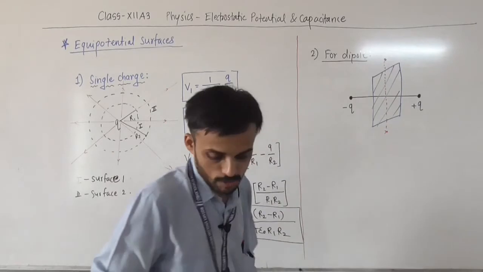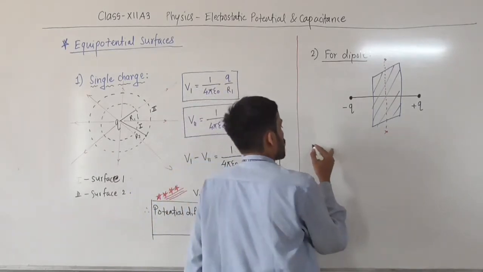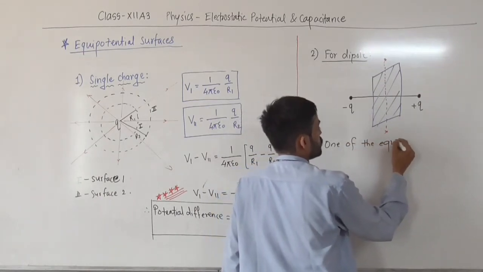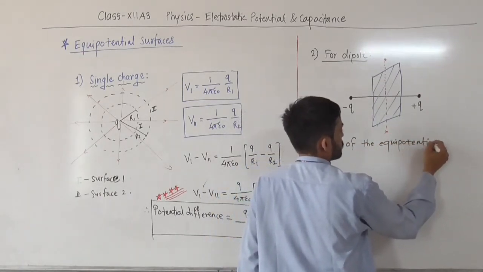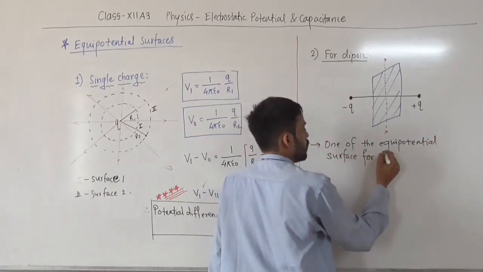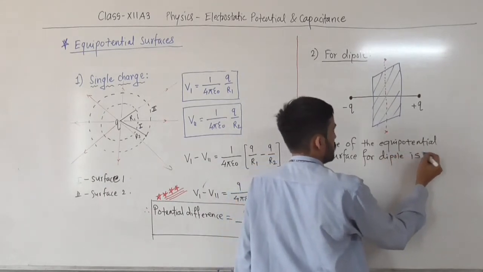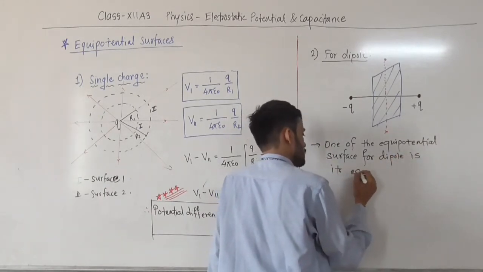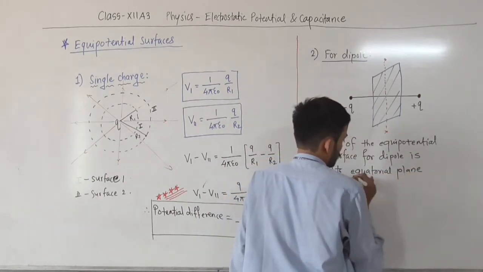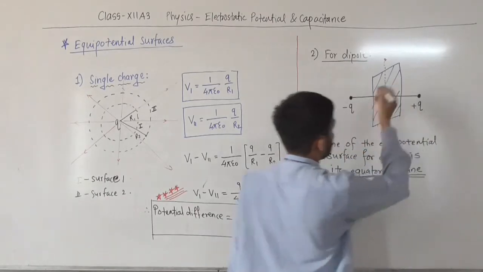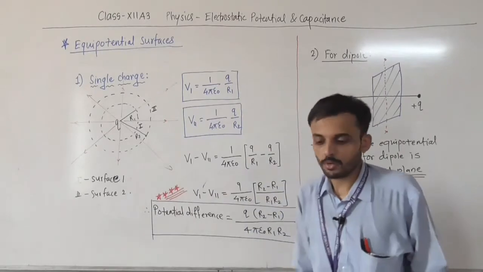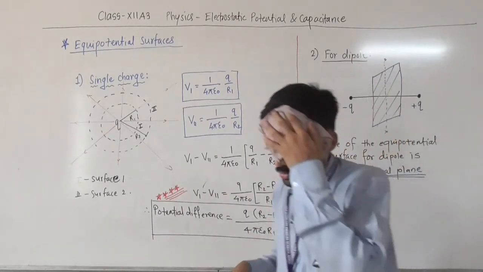So one of the equipotential surface for dipole is its equatorial plane. Equatorial plane बन जाएगा उसका. So these two places you have to go with. Okay, so I will suggest you to note this also down.